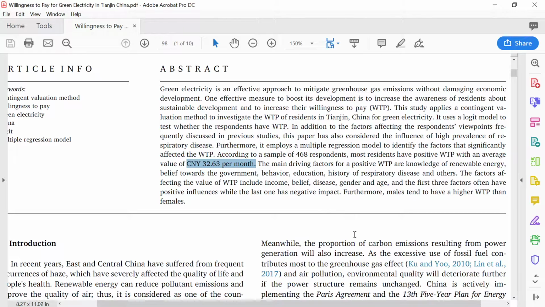They also found that belief, prior experience with disease, and gender and age all had influences on the willingness to pay, right? And here they're even saying that in this instance in China, men had a higher willingness to pay than females.